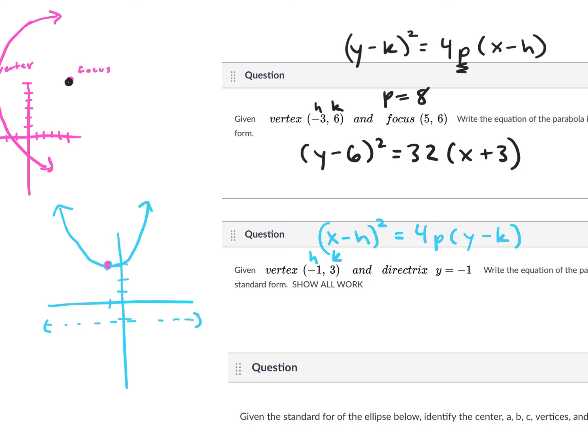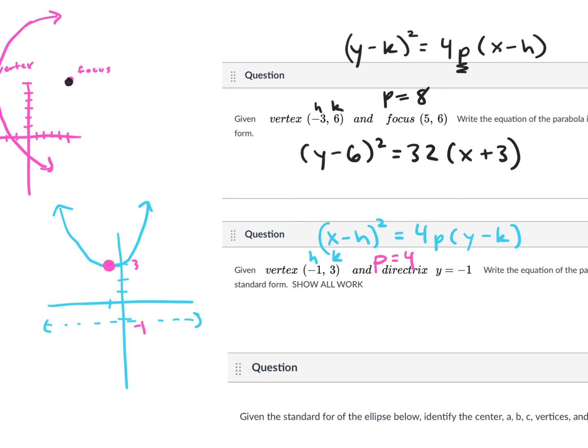P is the distance from the vertex to the focus, and the vertex to the focus is the same distance as the vertex to the directrix. From 3 to negative 1, that would be 4. So the distance from the vertex to the directrix is 4, so P is equal to 4.